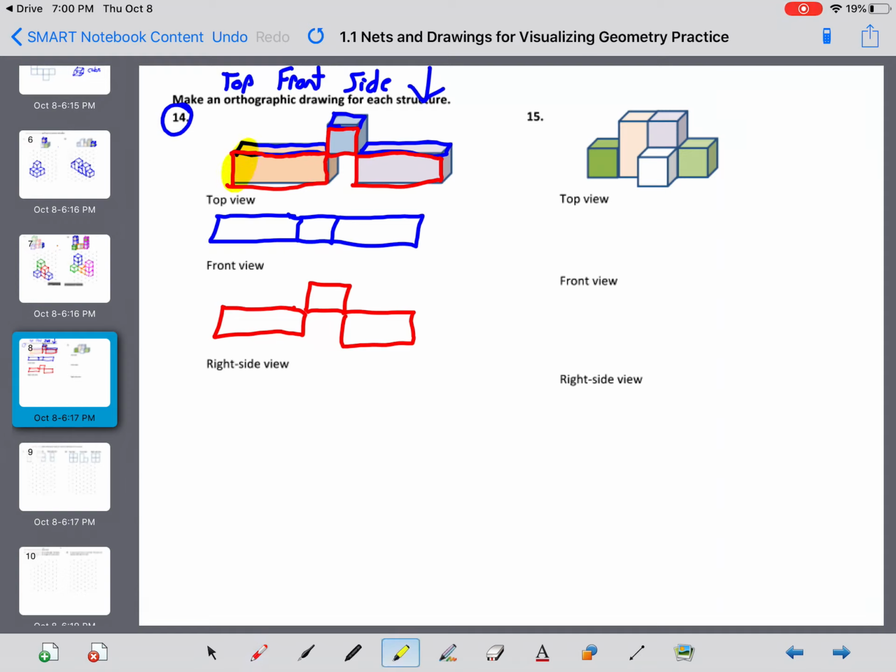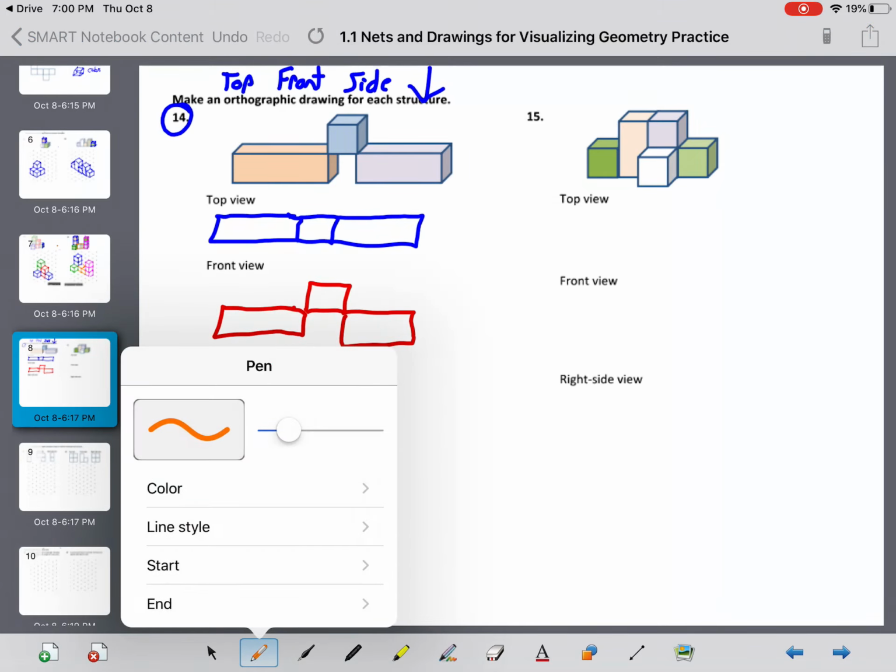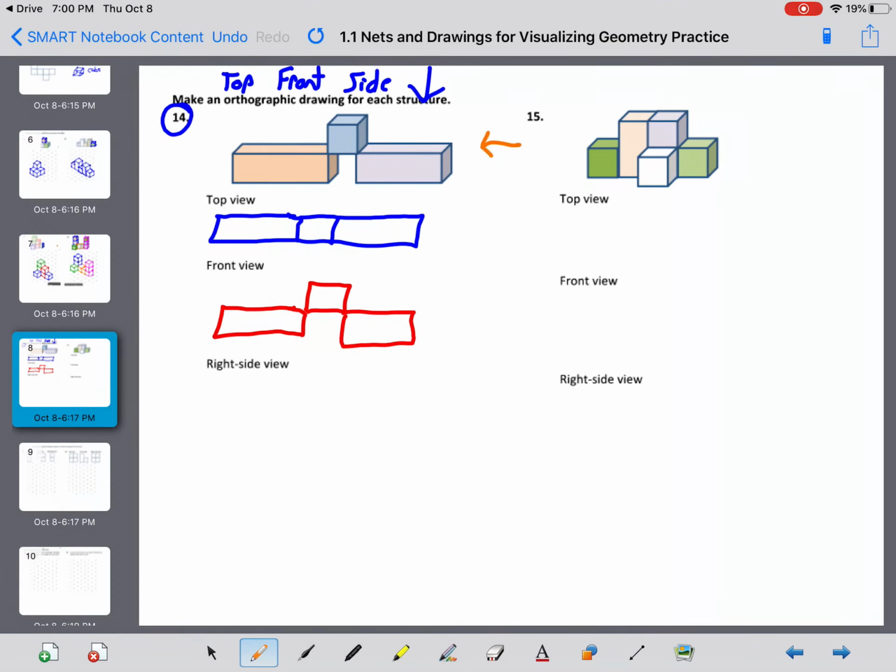Okay, and then from the right side, let me erase these. That would solely be from this direction. So you're only going to see these 2 squares. So that's just going to be just like this.